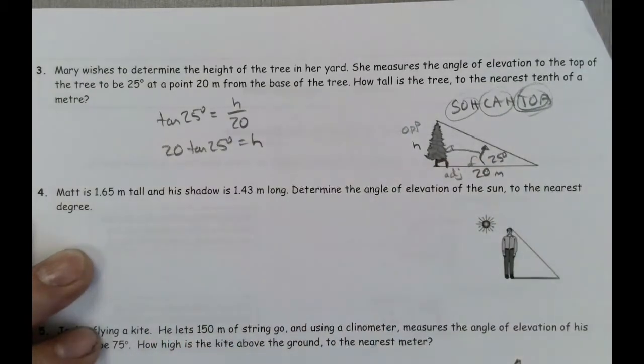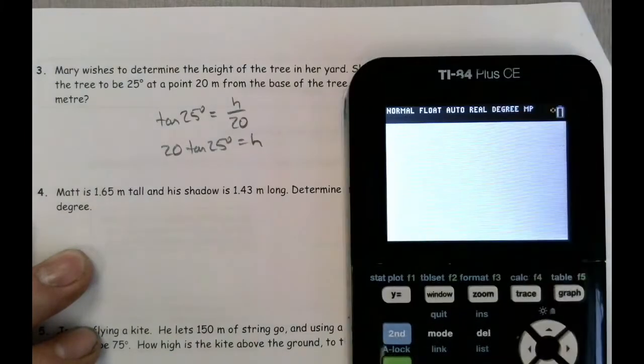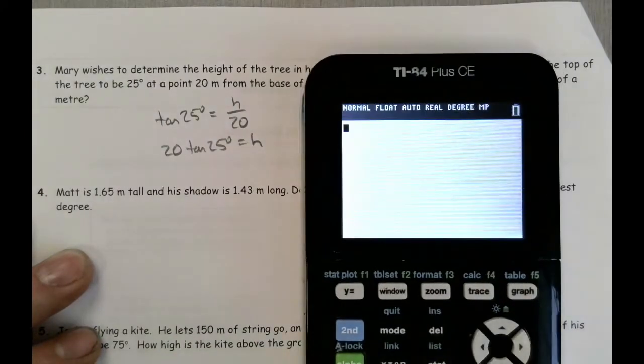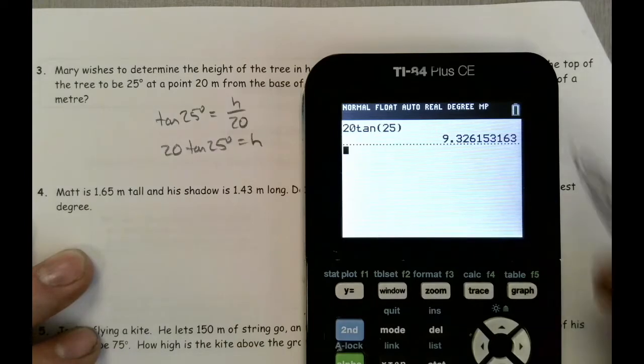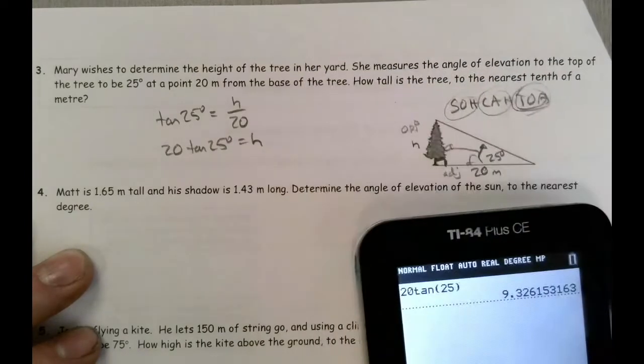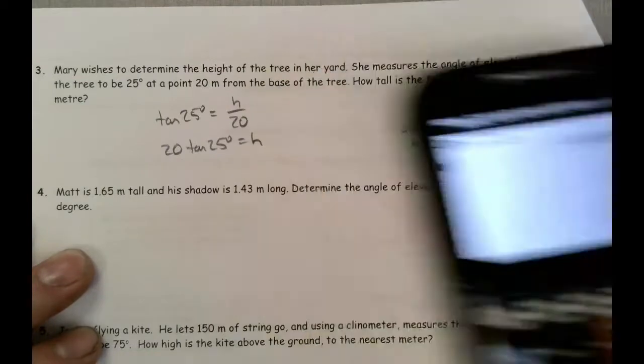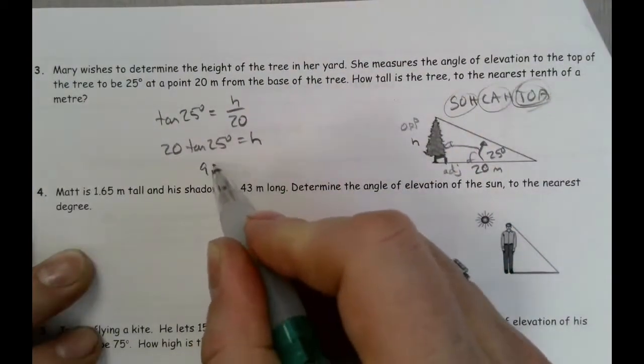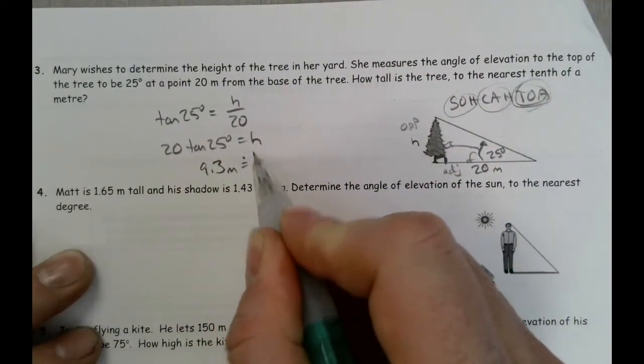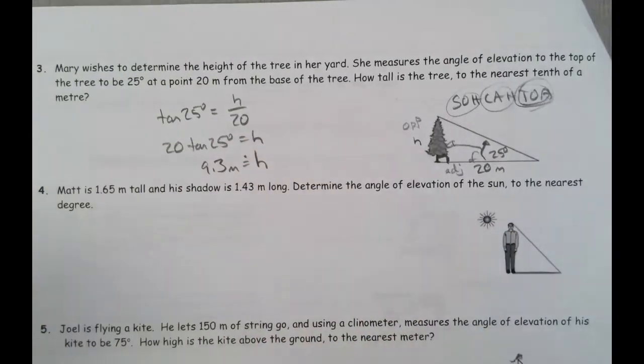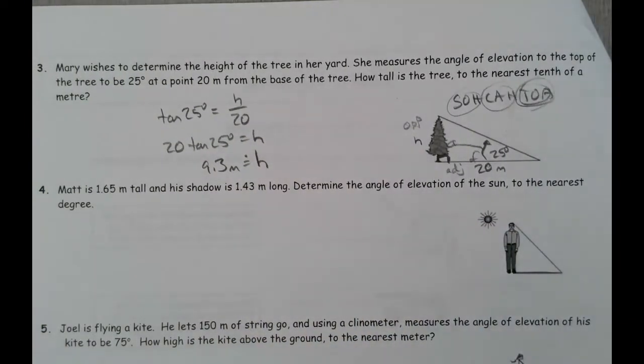Okay, bring out the calculator, and I'm going to write 20 tangent of 25. And I get, to the nearest tenth of a meter, 9.3. So 9.3 meters. And I use the little dot over the equal sign because I had to round, so it's just approximately true.